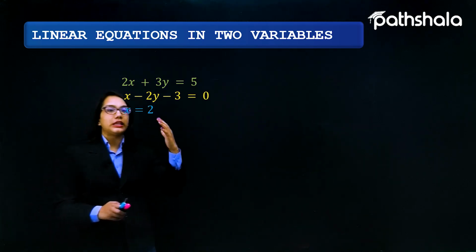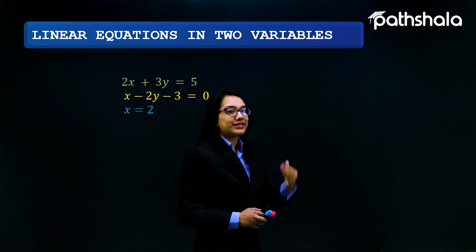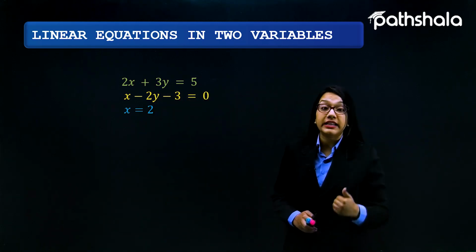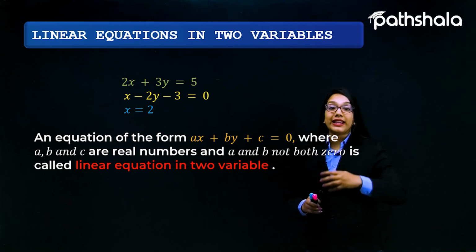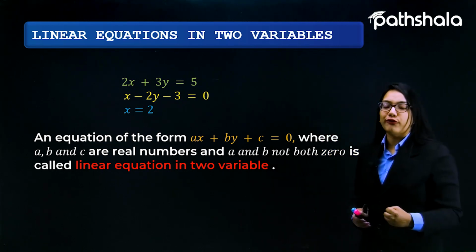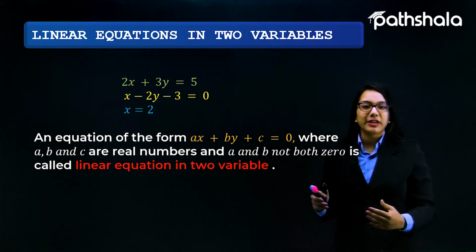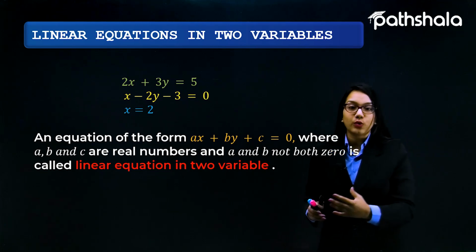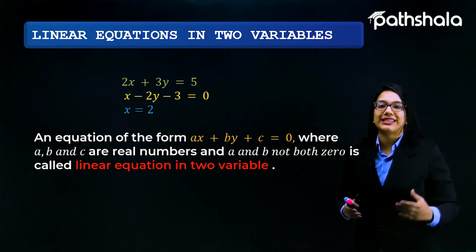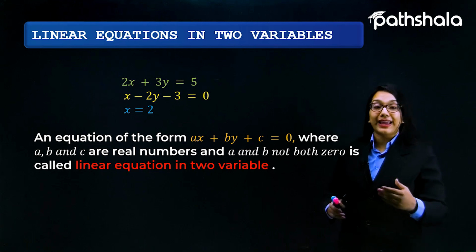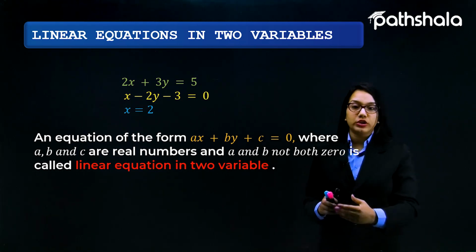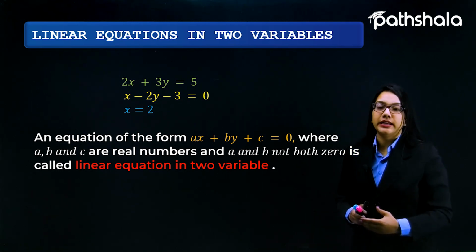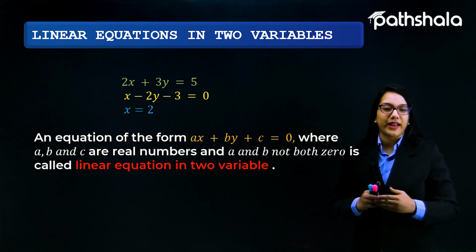So from these three examples, what we can say about the definition of a linear equation in two variables is that an equation of the form ax plus by plus c is equal to 0, where a, b, c are any real numbers and a and b are not both 0, is called a linear equation in two variables.